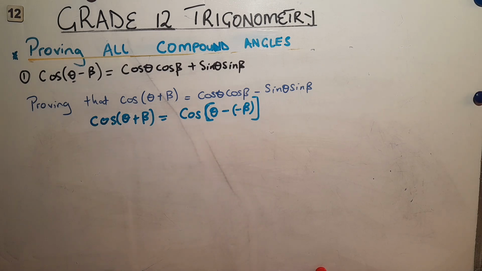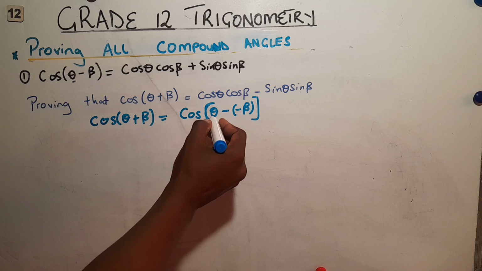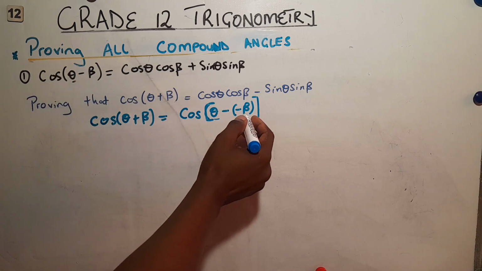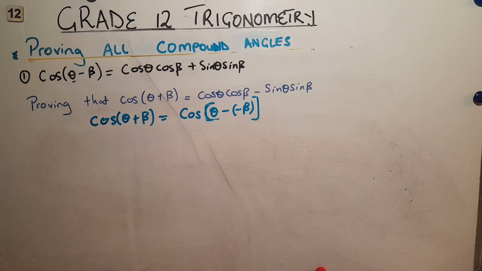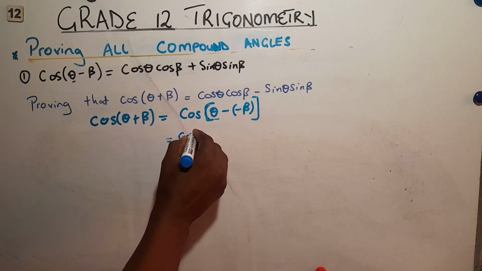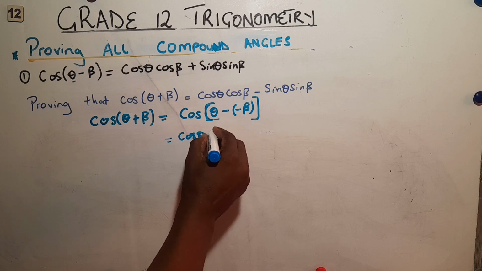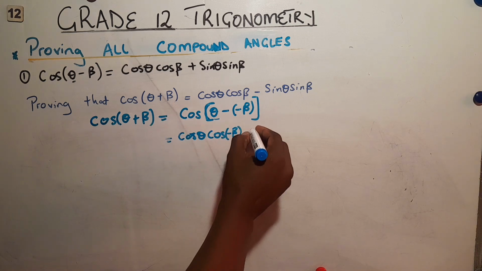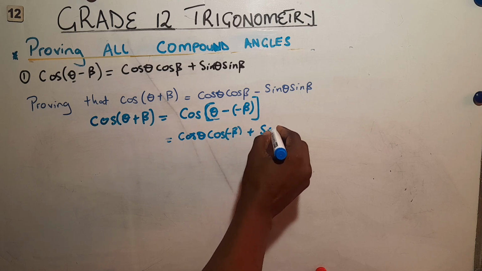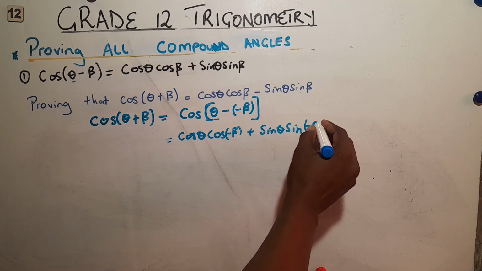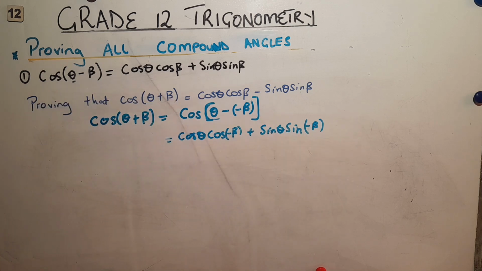So now what we're going to do, we are going to use this identity with theta the same as theta, and now beta will be negative beta, like that, right? So this will make this equation now become cos theta cos negative beta, right, plus sine of theta and then sine of negative beta, like that.